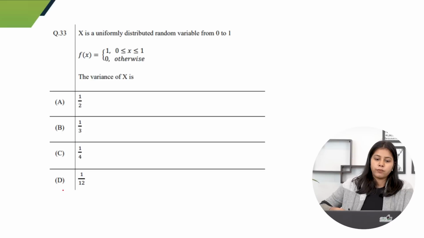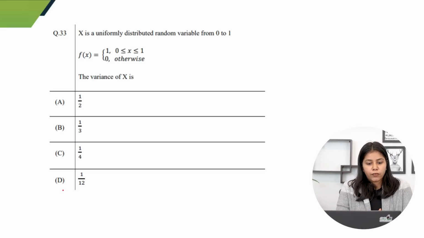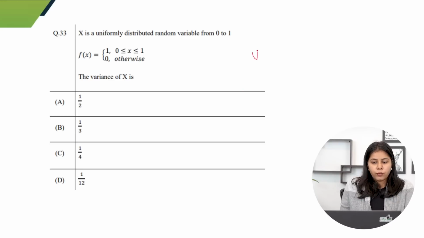Okay, the next question we have is: x is a uniformly distributed random variable from 0 to 1, and we have to find the variance of x. We are given the function f(x) that gives my probability density function. They ask me to find the variance of x. So if you remember, what is the formula for variance of x?